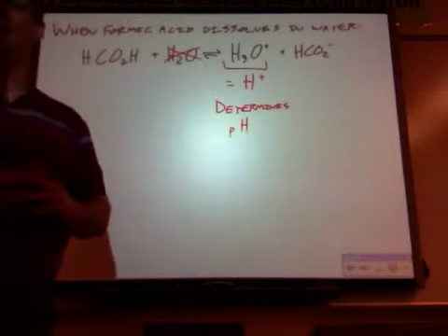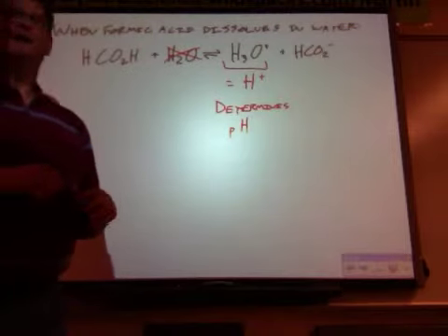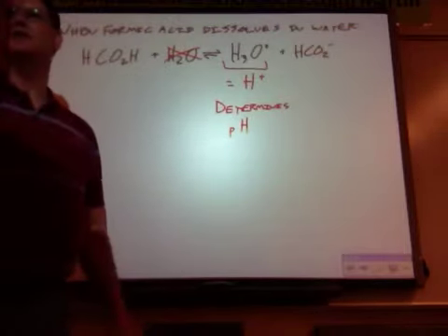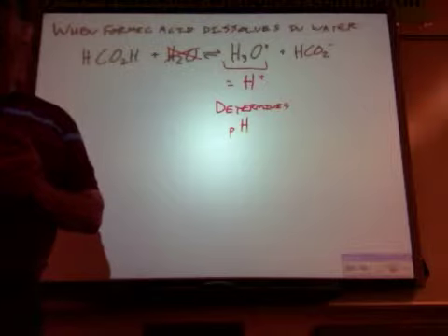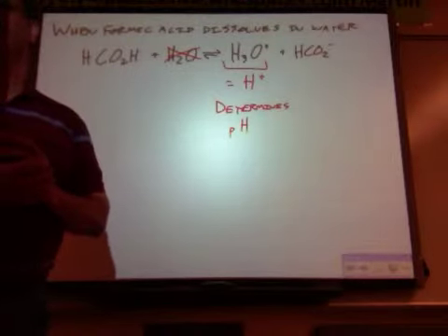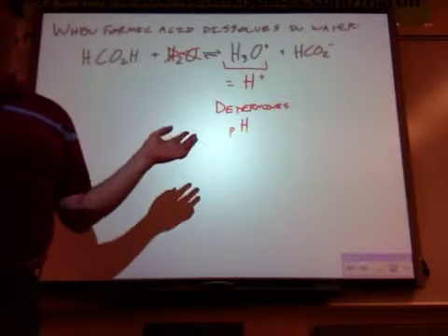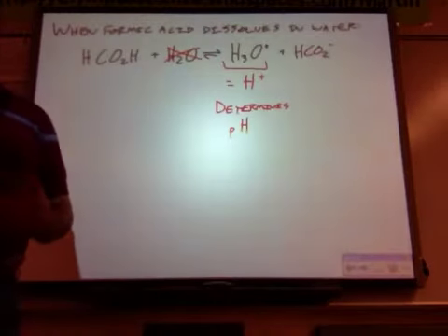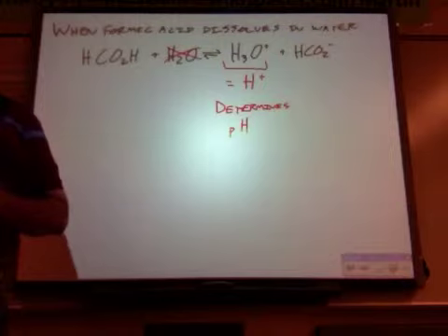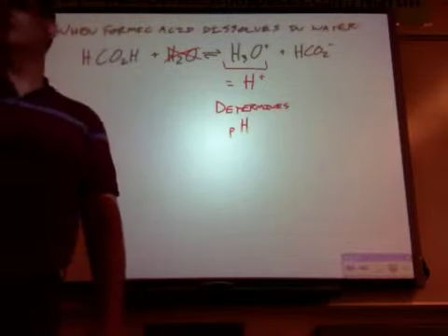Any questions at this point? Let me tell you what we're looking at next time. Next time we are going to begin doing calculations involving these. What we will do is we will set up Ka expressions. You remember K expressions, equilibrium expressions? What do we put on top?